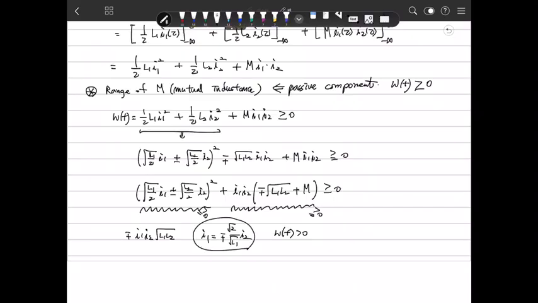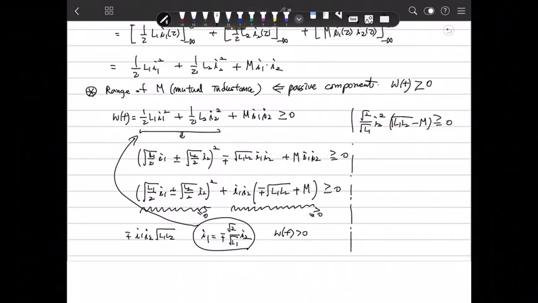Inserting that value in this manner, the result is that sqrt(L1 L2) minus M should be positive. Therefore M should be smaller than sqrt(L1 L2). This is the maximum value of M.